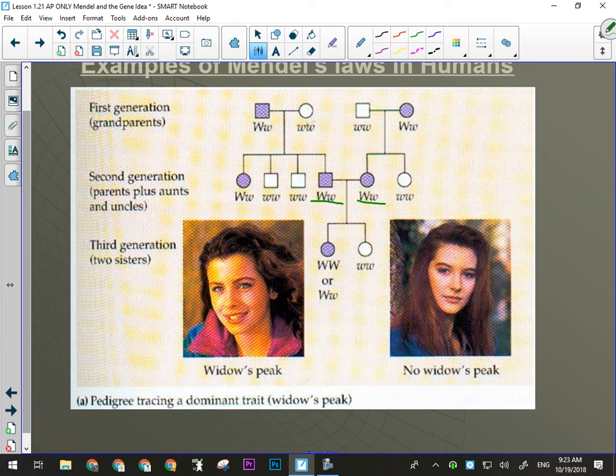If one of them was homozygous for the widow's peak gene, they would have had all widow's peak kids. It gets really interesting when you start looking at this in your own kids, like he's got this, and my dad had that. Little things like attached earlobes versus hanging earlobes can all be passed on.